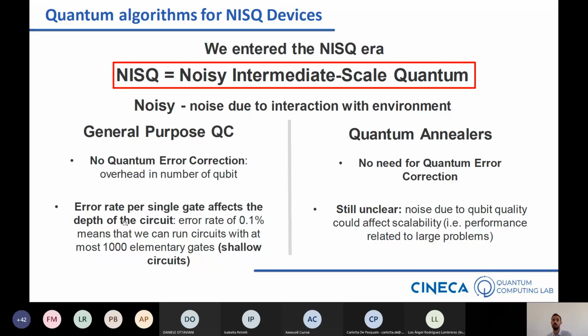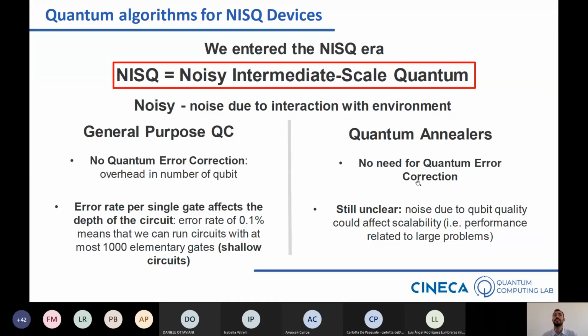These are also called shallow circuits, with limited depth. The other thing is that if you apply too many gates, you exceed the coherence time. That's also another very important thing.